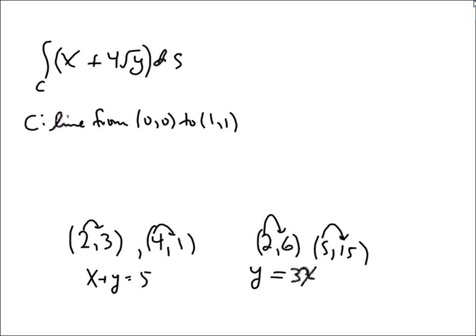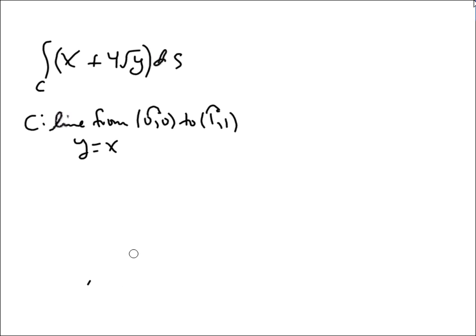When I look at this line C, I see that x and y are always equal. Y is equal to x. That's exactly what I see. Y and x are the same. You want to find the slope and use the point slope formula? Fine. But x equals y. I know, I can just see that.